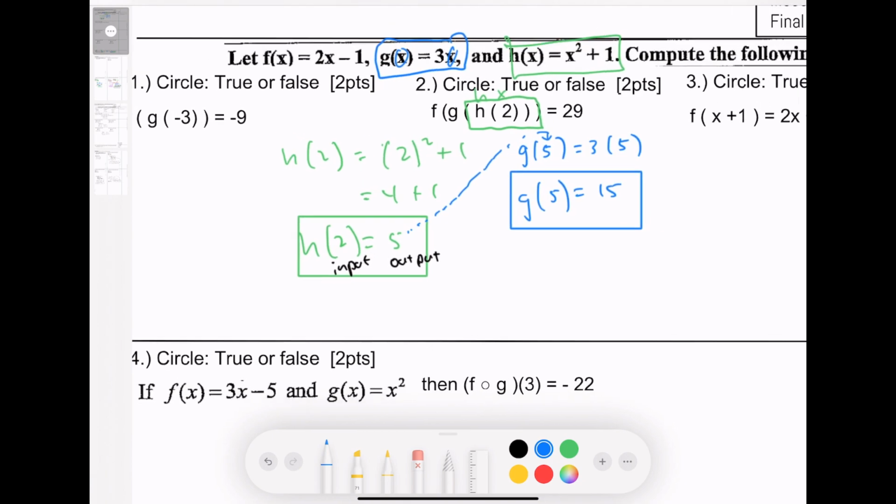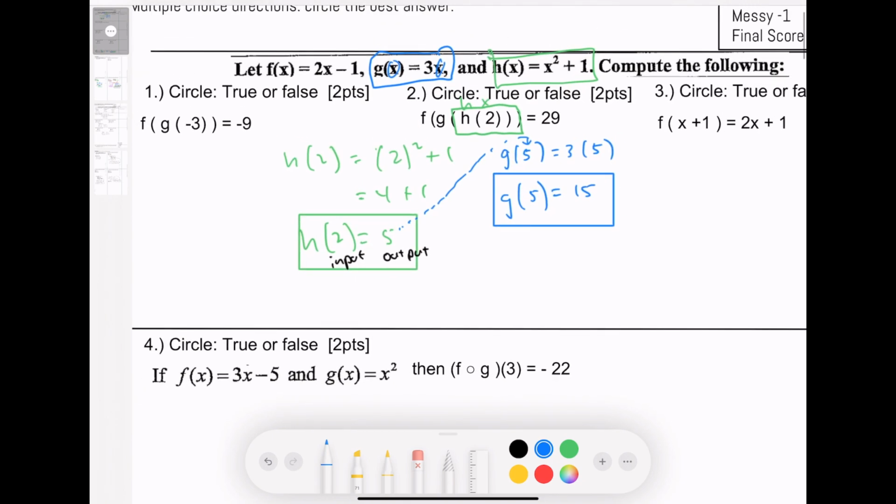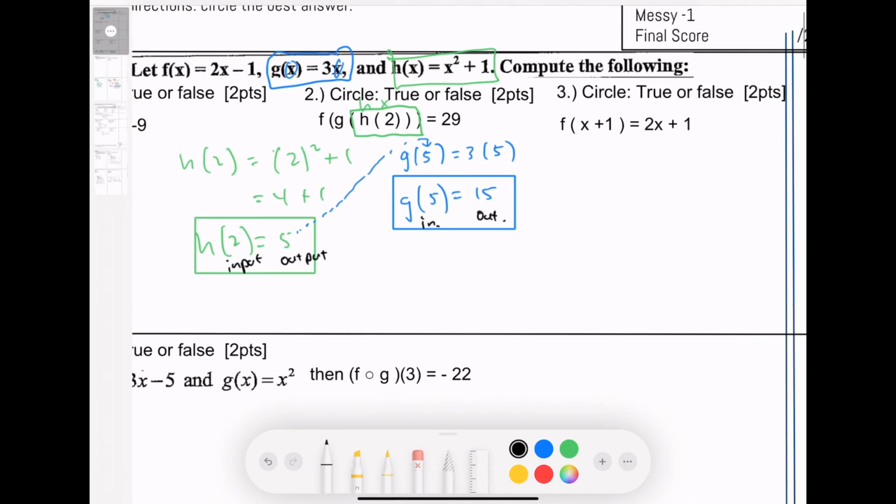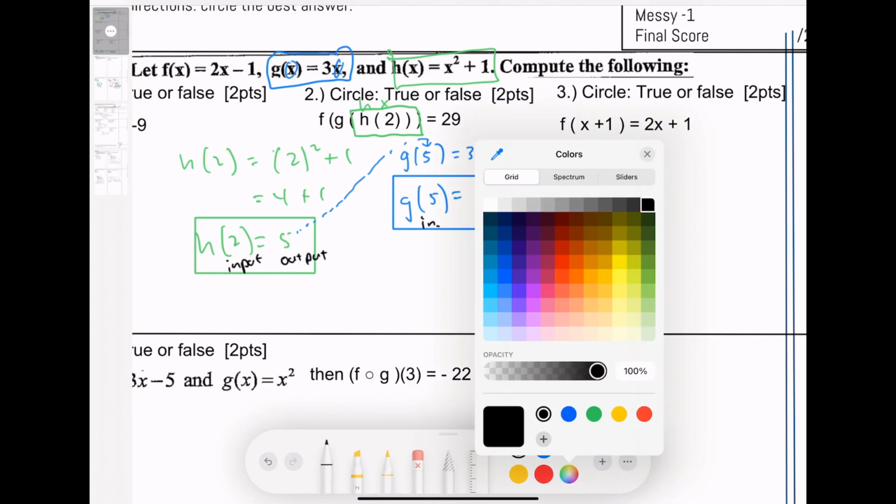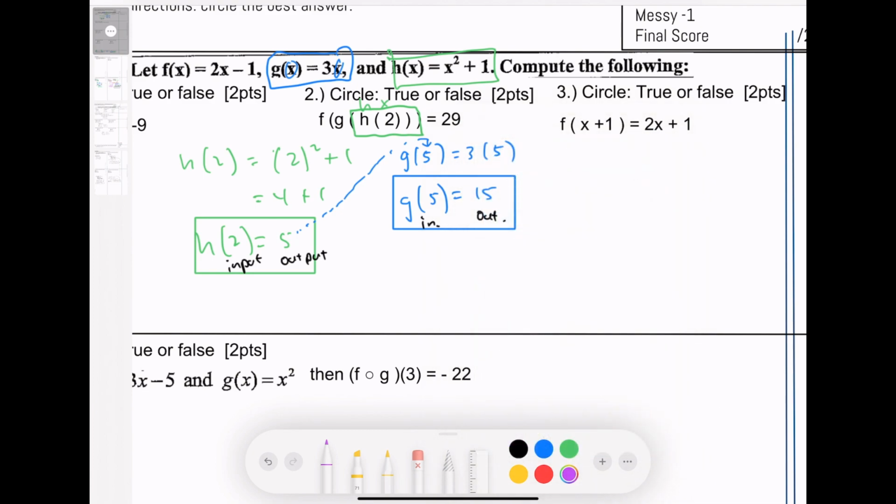Okay. So again, input, output. Now our new output is going to become now our input. So now I'm going to put that into f. So f of 15, and f is up here, 2x minus 1.